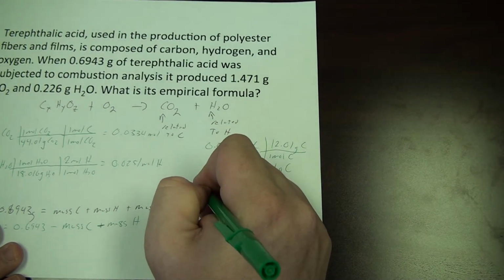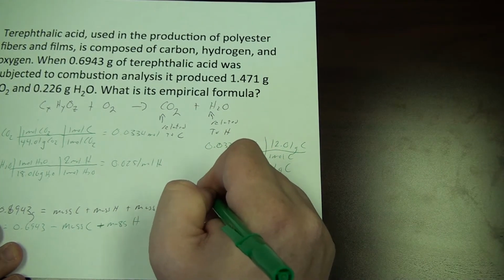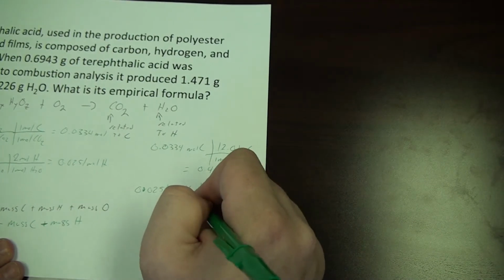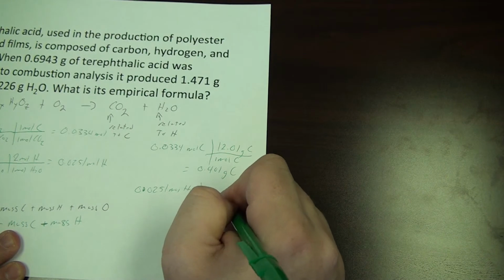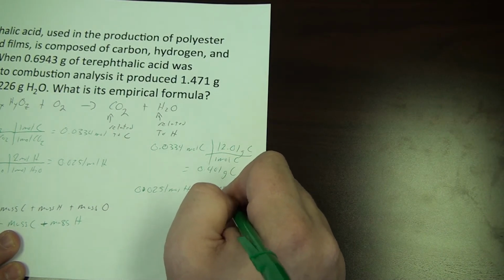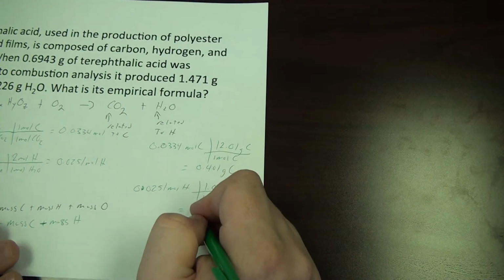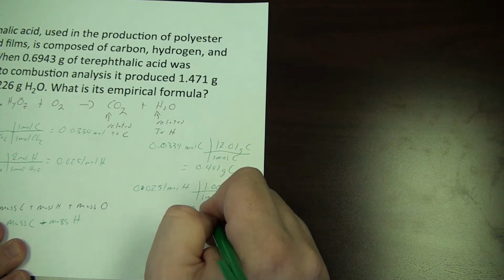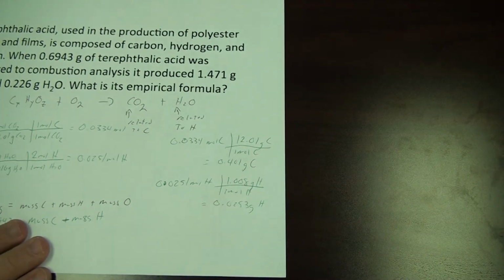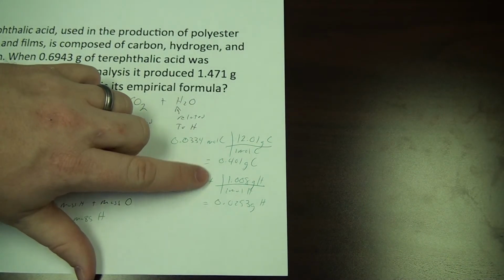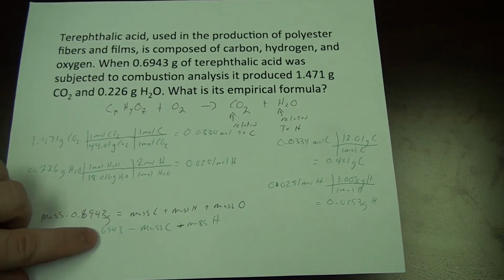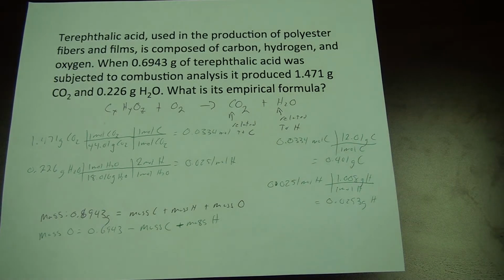And the other one, if we have 0.0251 moles of hydrogen, for every 1 mole of hydrogen, that weighs 1.008 grams of hydrogen, which would give us a mass of 0.0253 grams of hydrogen. Right? So we're going to take these two values and subtract them away from our original amount to give us our amount of oxygen.